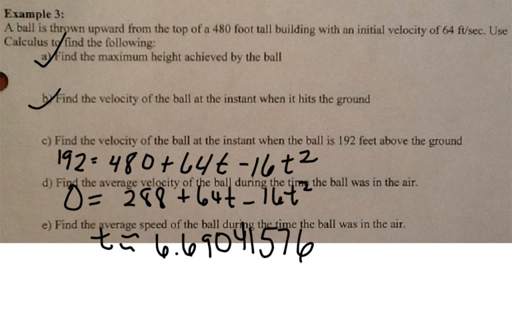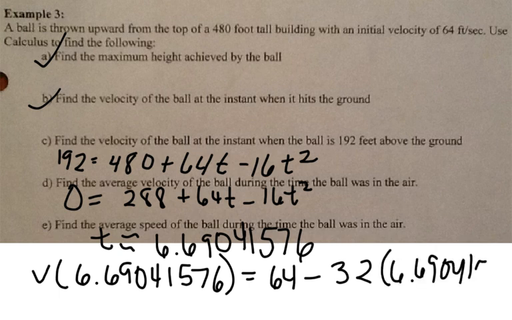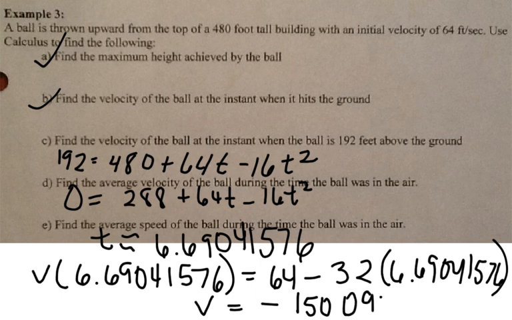And then I'm going to plug that into the velocity function for the time. Just like I did on the last problem. And that will give me a velocity of negative 150.093 feet per second, rounded to 3 decimal places. That one I can round because it is the final answer.